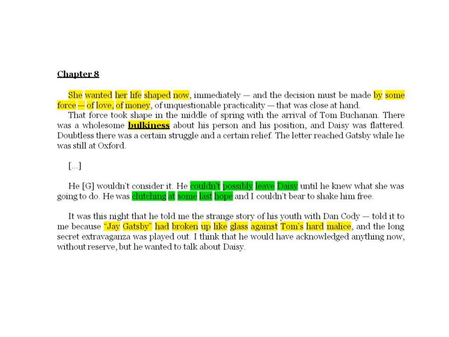Interesting insight into Daisy's psychology here. She wanted her life shaped now, immediately, and the decision must be made by some force of love, of money, of unquestionable practicality. Very interesting juxtaposition here. So give my life meaning, give my life shape, make my decision for me, stop me wavering and wondering.